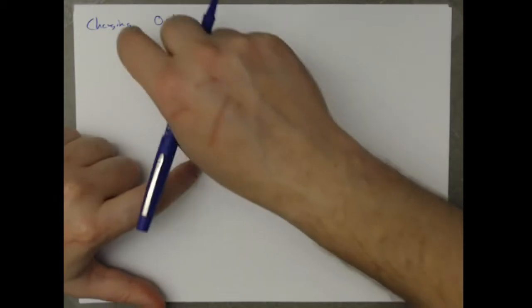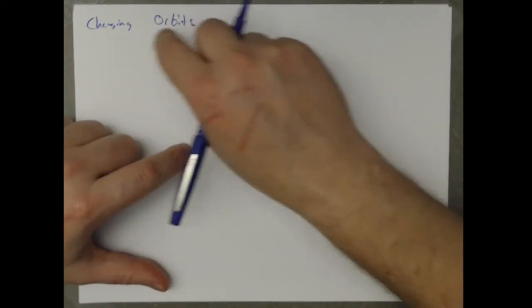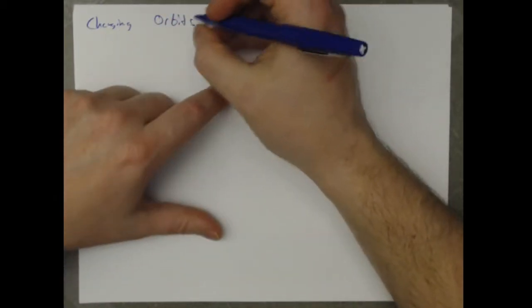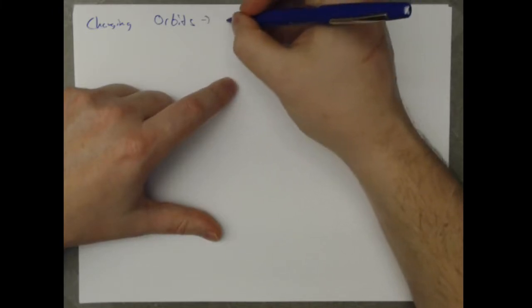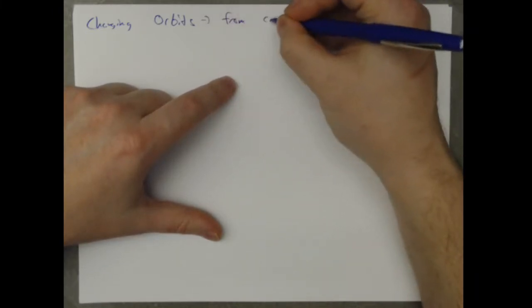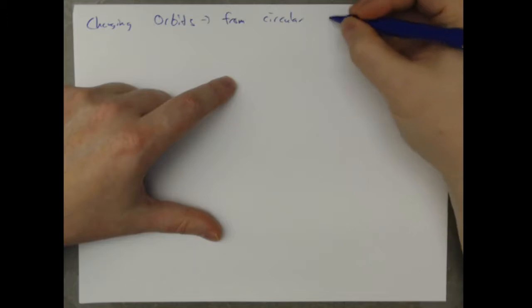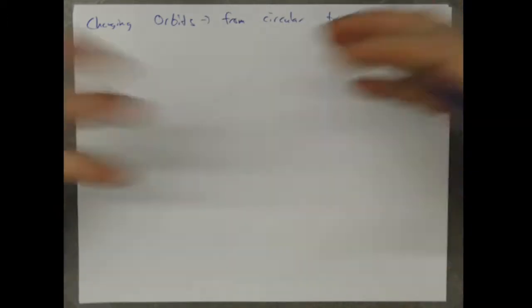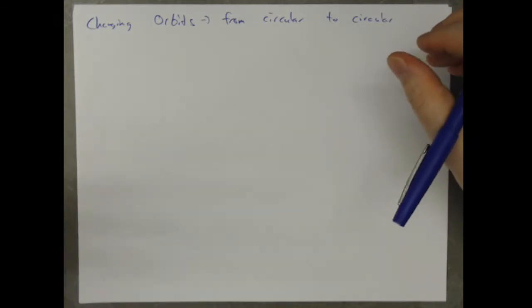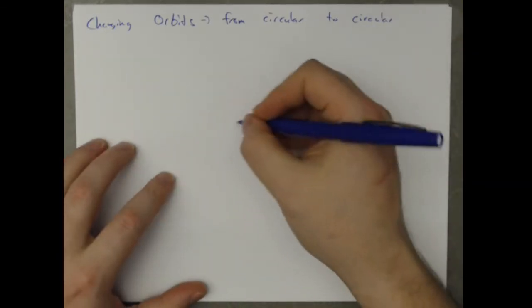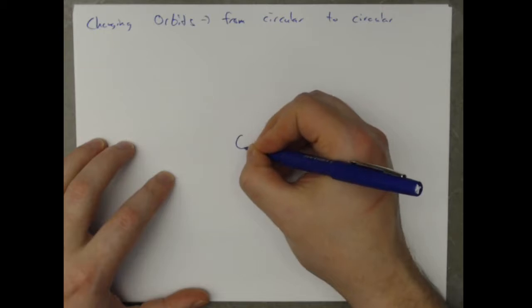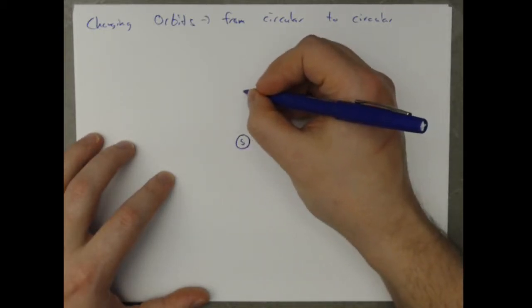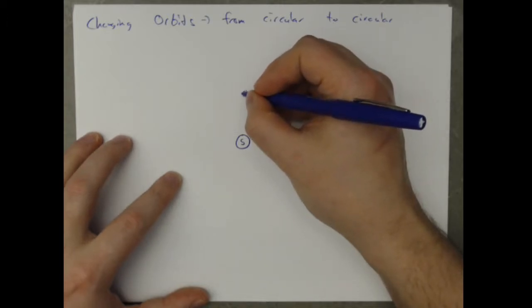So, changing orbits. What we're going to talk about is changing orbits from circular to circular. There are whole fields that specialize in orbits, but what I want to focus on is this: here's the sun, and let's say we're on the Earth.